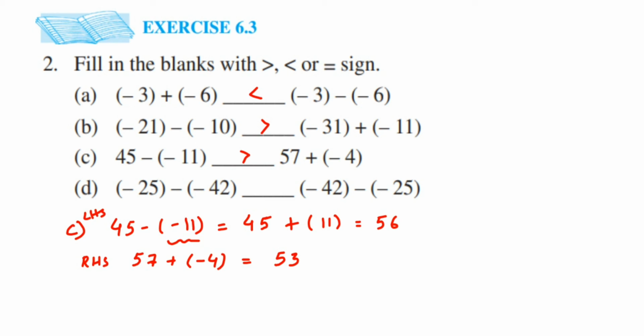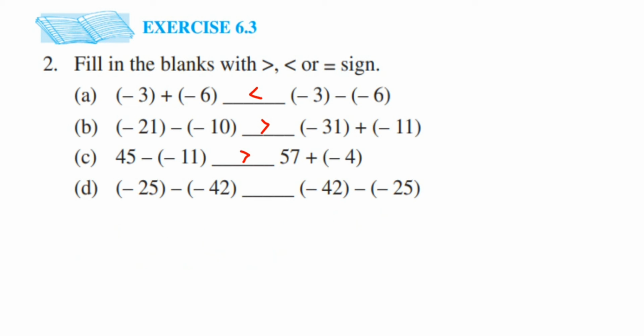Then the last one we have here is minus 25 minus minus 42. Let's do this one. I'm going to take the LHS part, minus 25 minus minus 42. We have solved only this type of problem. The first integer will remain the same, minus 25.